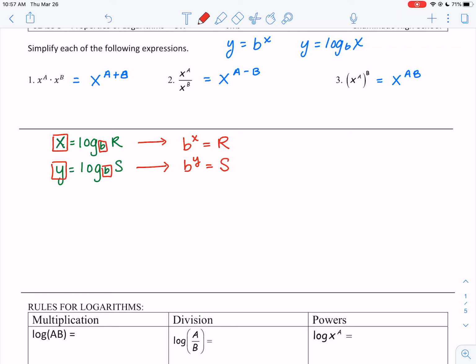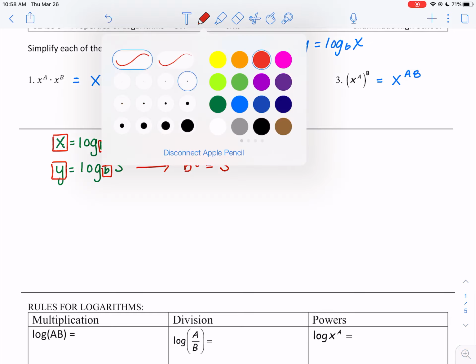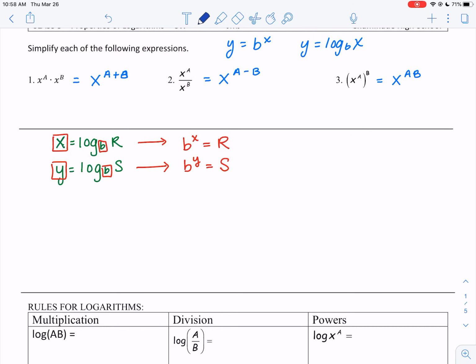What we want to do is take a look here and ask, what happens if we take r and multiply it by s? If I have r multiplied by s, we can rewrite that as b to the x times b to the y.